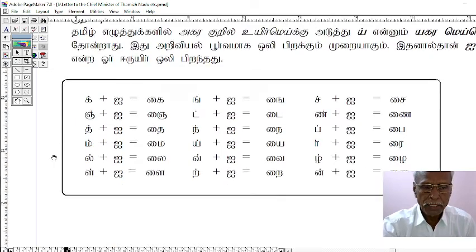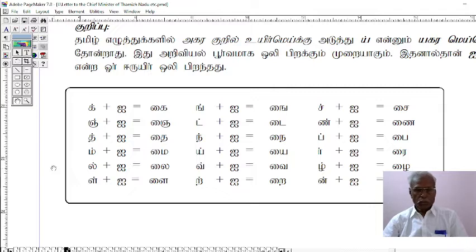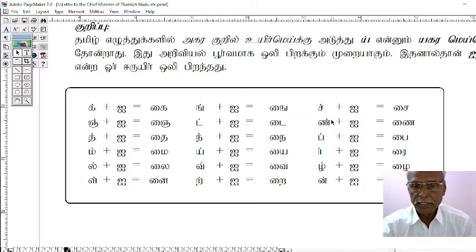Now see how the compound letters with I are formed. Ik plus I, kai. Ing plus I, ngai. Ich plus I, chai. Ing I, ngai. It I, dai. In I, nai.